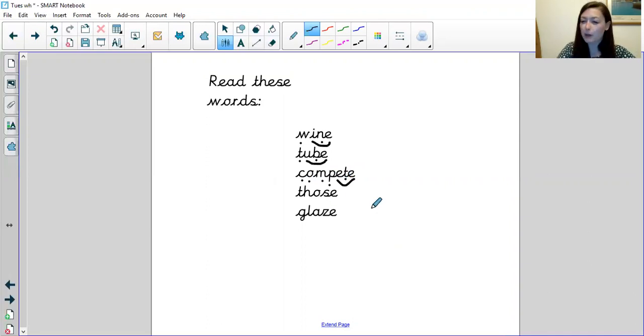Compete, well done. So that's like when you take part in a competition or a sport and you go against other people. This word. Those, well done. And finally this word. Glaze. So we had a split digraph i, split digraph u, split digraph e, split digraph o, and a split digraph a. So all long vowel sounds.